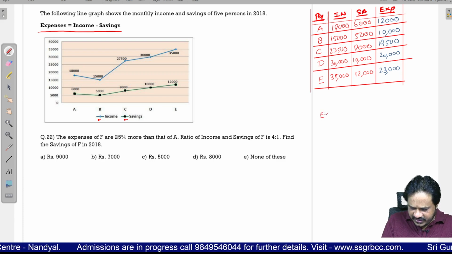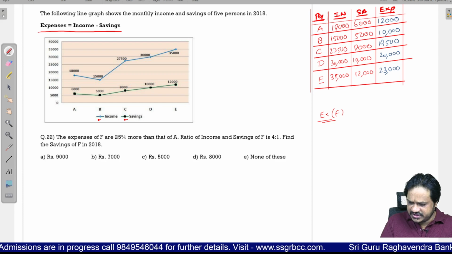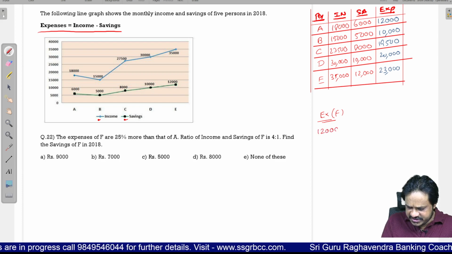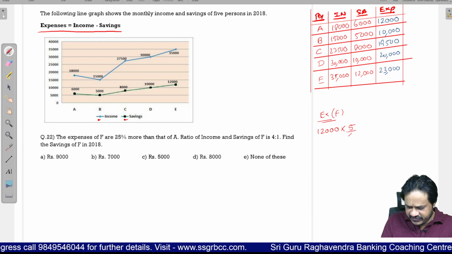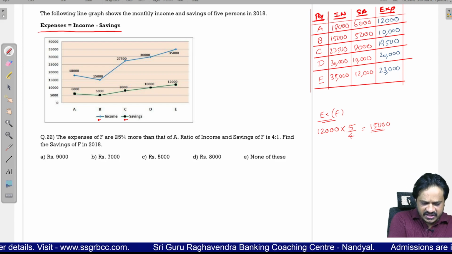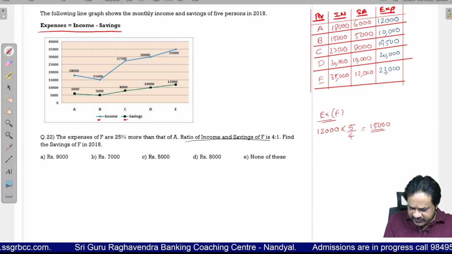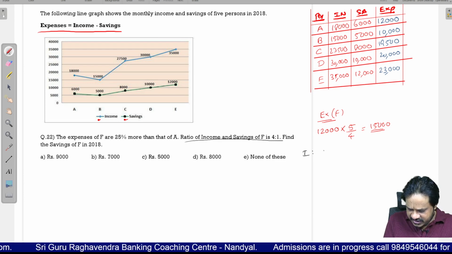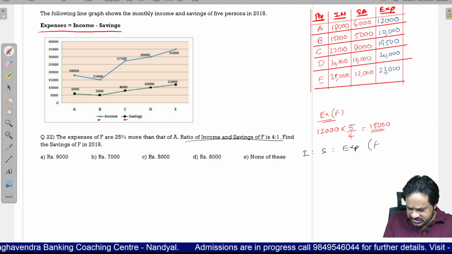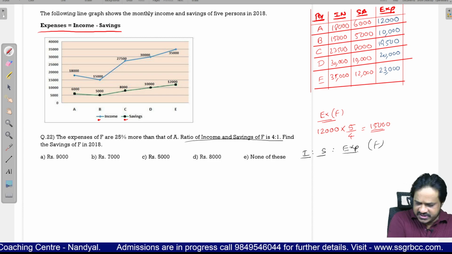Here the expenditure of F is 25% more than A. So, what is A expenditure? 12,000. 25% more means 5 by 4, it will be 15,000. 15,000 is the expenditure of F, and here we are given the ratio of income and saving of F. This is all about F, income, saving, expenditure. So, expenditure is 15,000.